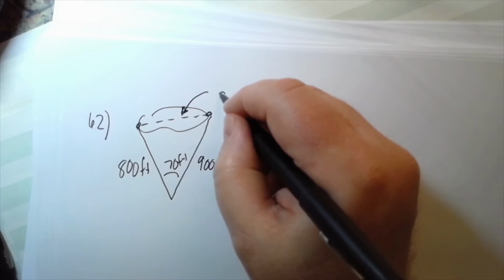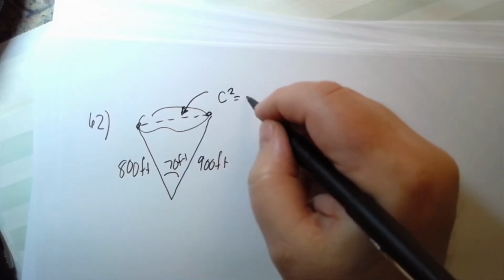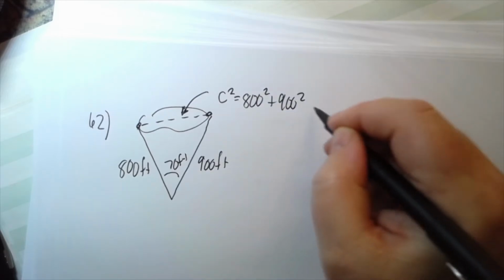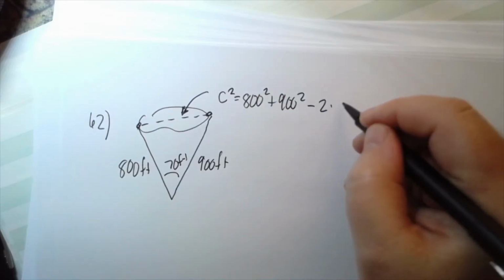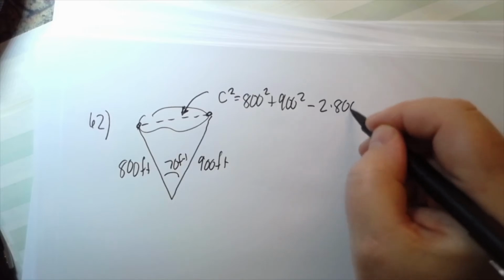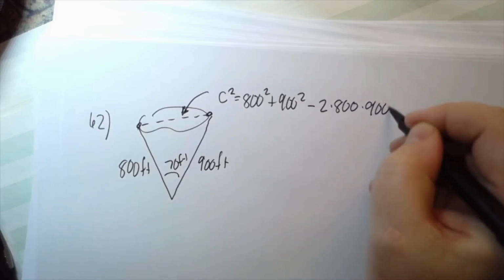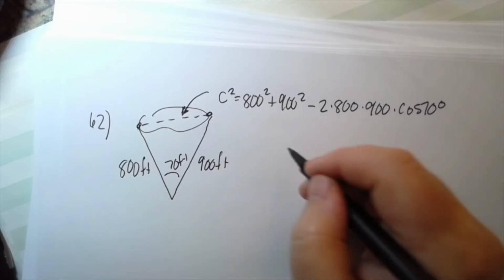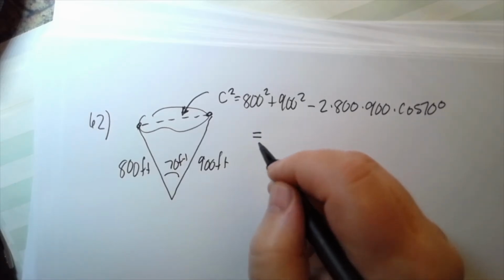So this would be c squared is equal to 800 squared plus 900 squared minus 2 times 800 times 900 times the cosine of 70 degrees. Alright, so I can just plug that in my calculator.